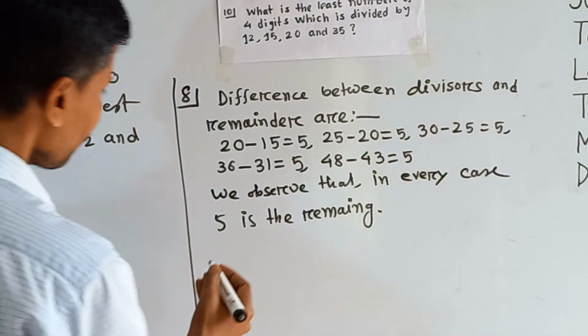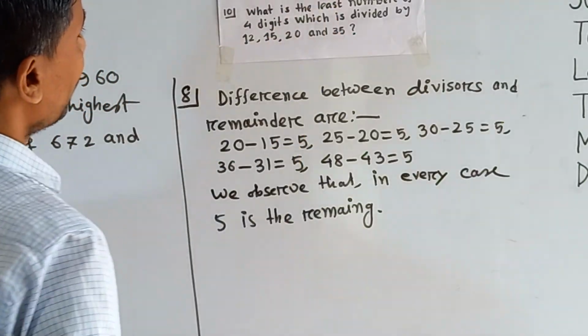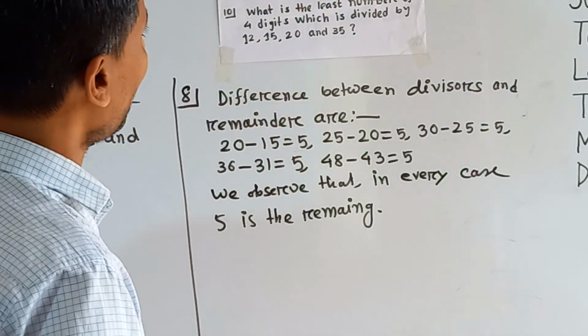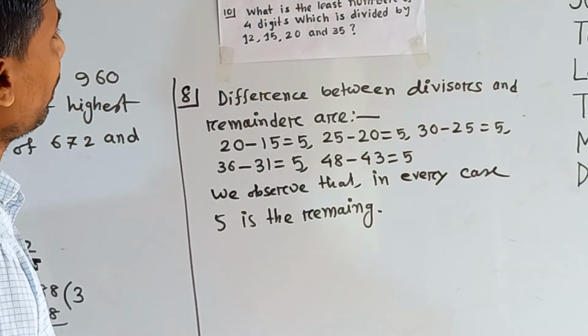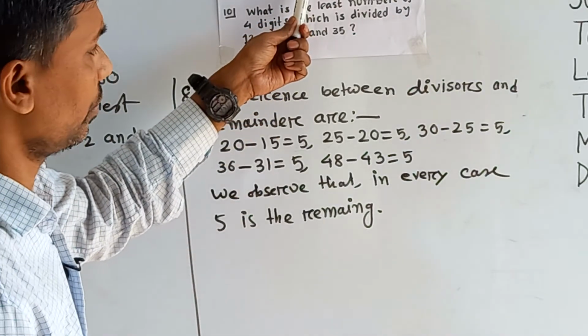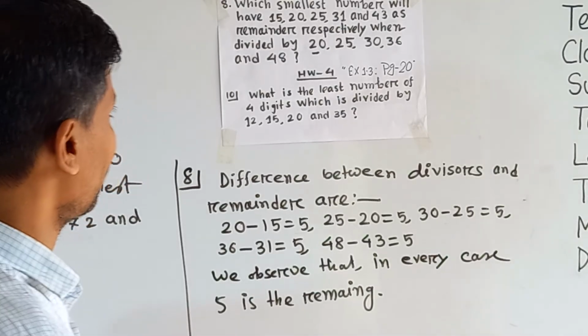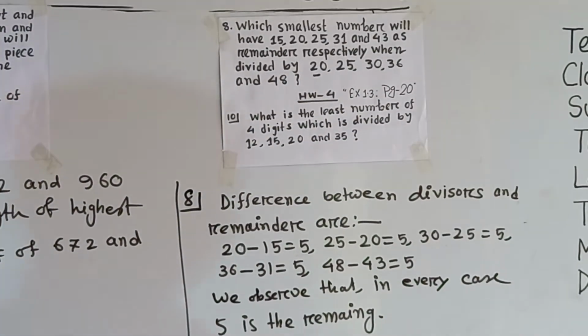Now you see 20, 25, 30, 36 and 48 are the divisors. So at first we have to determine the LCM of the divisors. Then if we subtract 5 from this LCM, we get the smallest number.